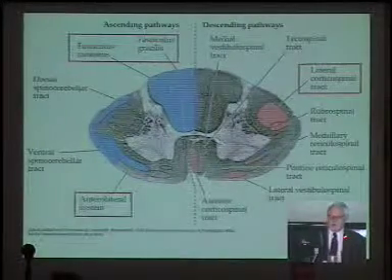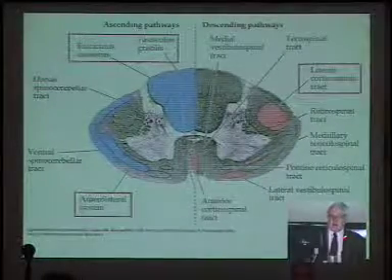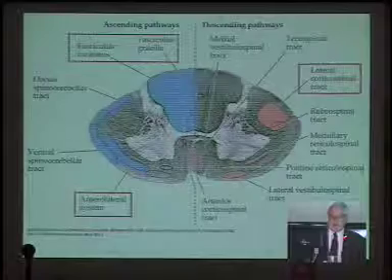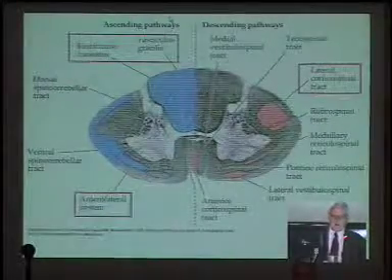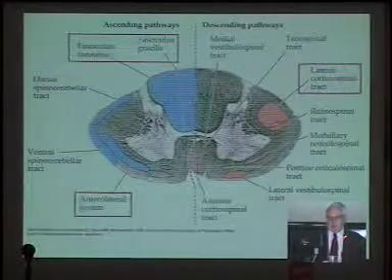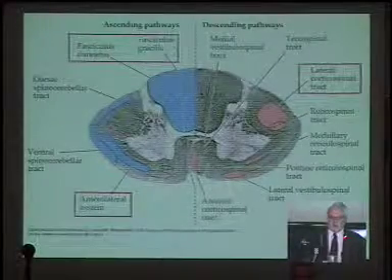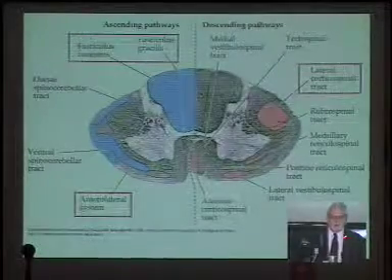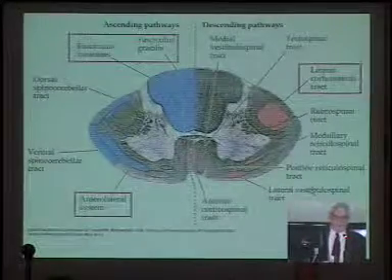The lateral corticospinal tract here is indicated. These fibers have crossed over, began in the contralateral cortex, cross over in the medullary pyramid, and will innervate lower motor neurons here in the ventral gray of the cord, which will go out and supply muscles.